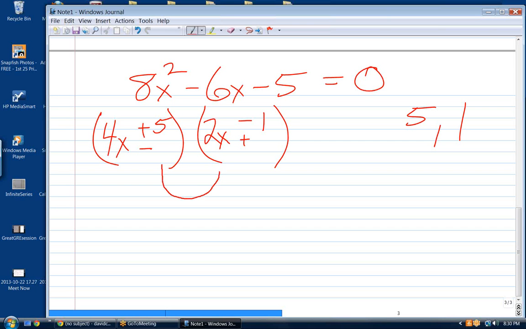But notice that gives us 10x there, minus 4x there. So it almost works. So the fact that it's the right number, wrong sign means what? What do we have to do? Flip them? Put the 5 with the negative sign? Yeah, flip the signs, not the numbers, flip the signs. So this becomes minus, that becomes plus, and that's going to work because that's minus 10x, that's plus 4x, that gives you negative 6.